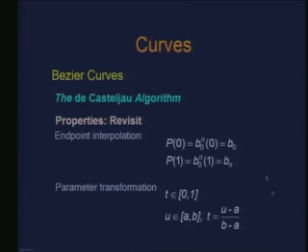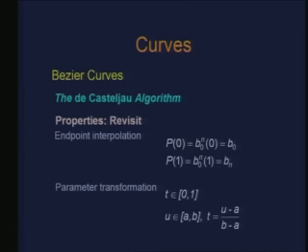All I need to do is make an affine transformation of the parameter, and obtain t as nothing but the ratio of u minus a to b minus a. So, most of the properties which we looked at in the case of Bernstein polynomial formulation can also be observed and asserted using the de Casteljau algorithm.